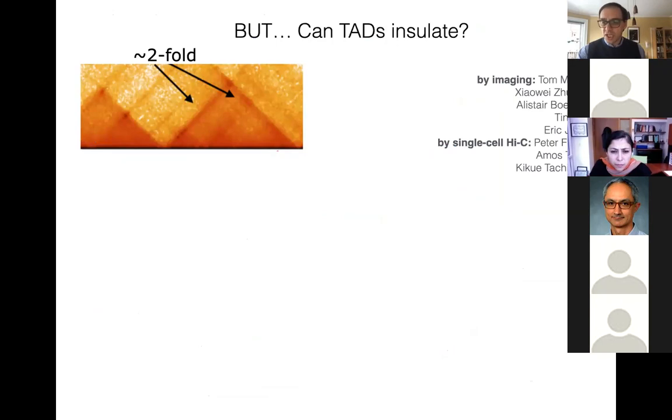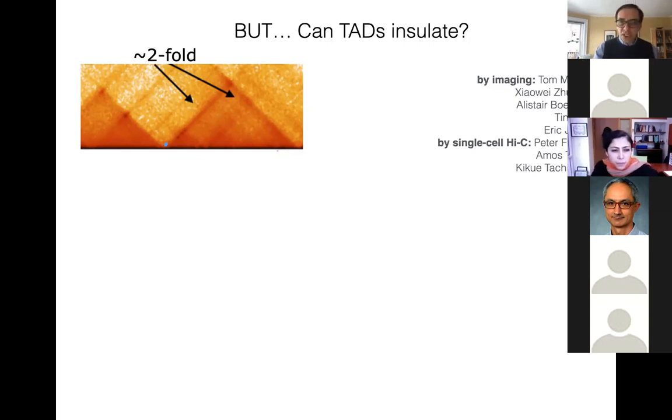That insulation created by boundaries is only about twofold. And there is a lot of evidence for relatively modest spatial insulation between TEDs that comes from fantastic imaging works of Tom Mistelli, Xiaowei Zhuang, Alistair Ting Wu, Eric Joyce, and others.